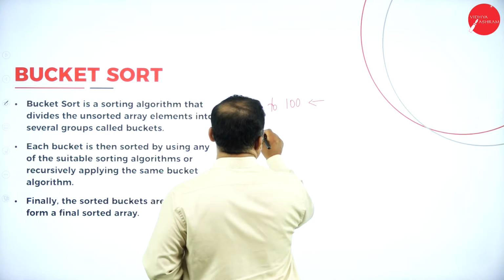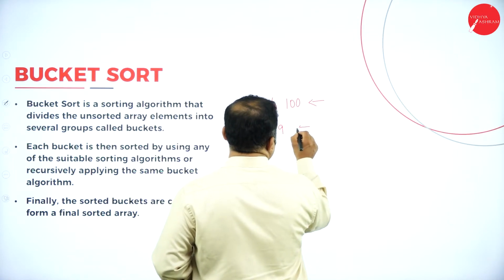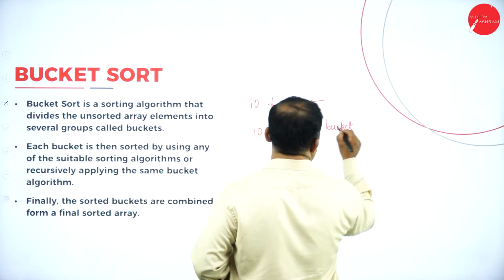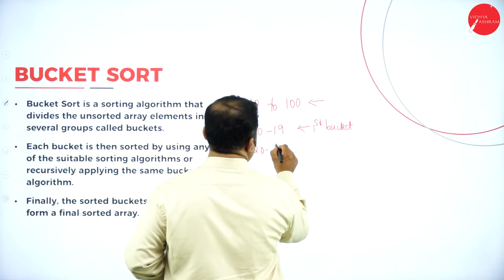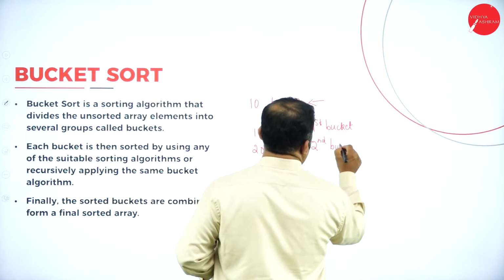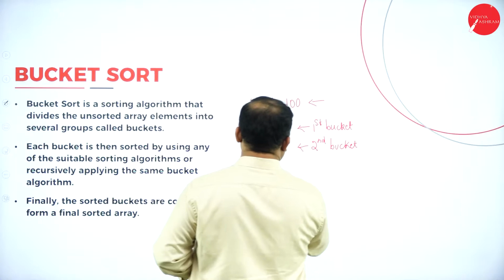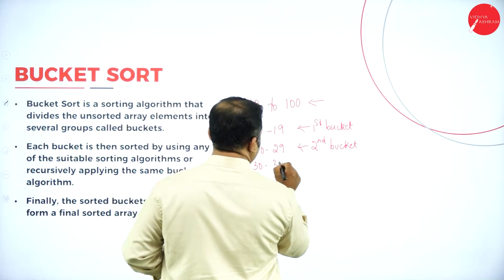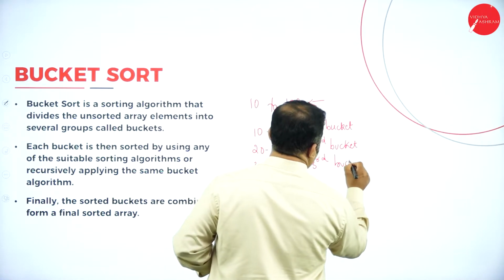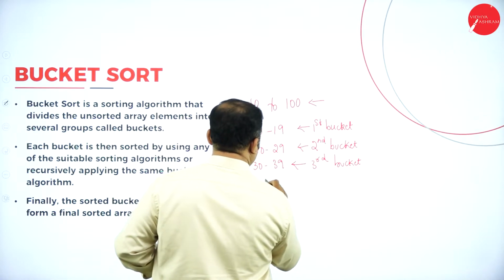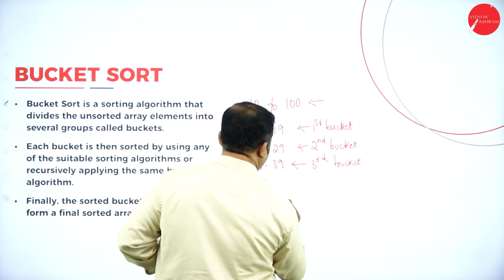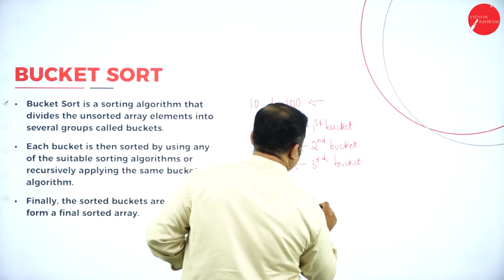That is varying from 10 to 19, it is placed into the first bucket, 20 to 29 is placed into the second bucket, 30 to 39 is placed in the third bucket, and so on up to 90 to 99 is placed in the 10th bucket.